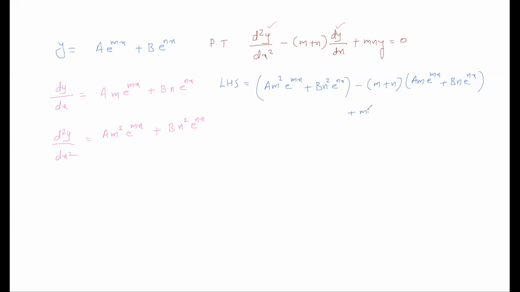Plus m into n into y is a e to the power mx plus b e to the power nx. So we just substitute back the value.